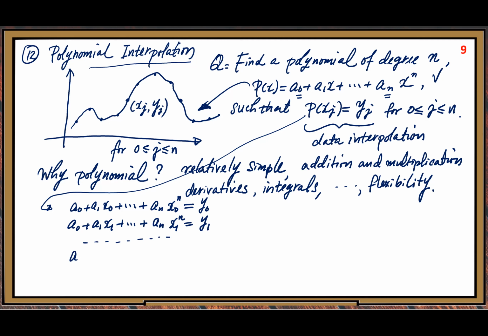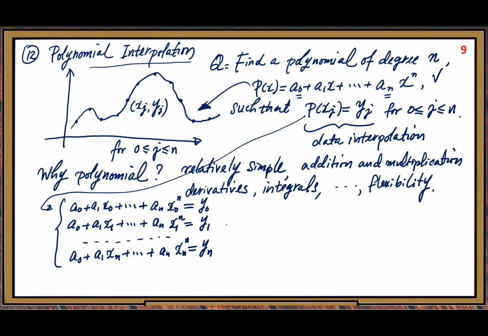The last one, a0, a1, x sub n, ... x sub n to the nth equals yn. Solving this linear system.